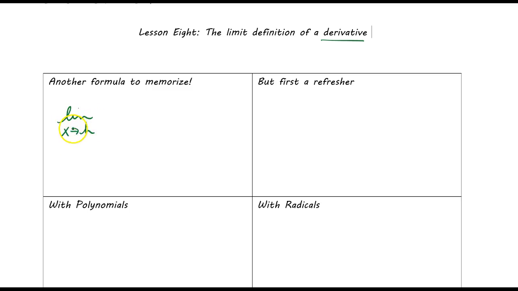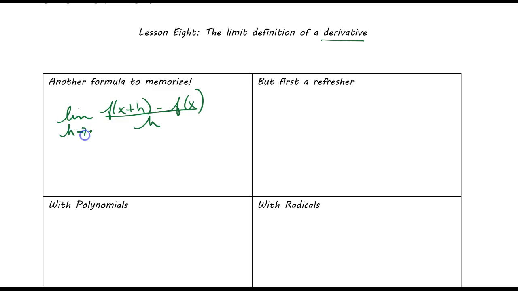The limit as x approaches h of f of x plus h minus f of x all over h. And what you're supposed to do here, you know what, come back over here because I'm being silly. That's the wrong notation right there. Sorry guys, I hope you're using a pencil.